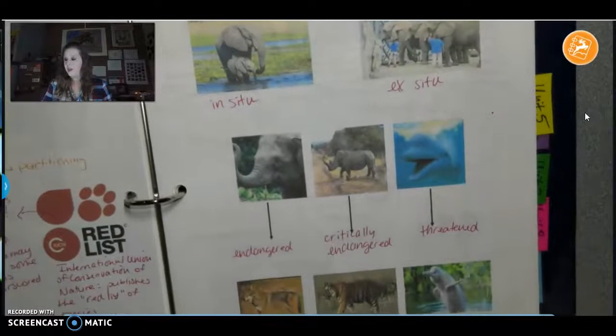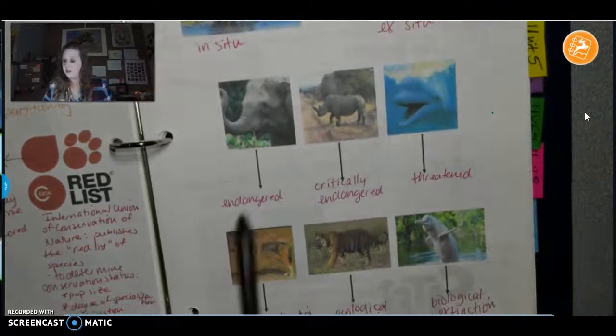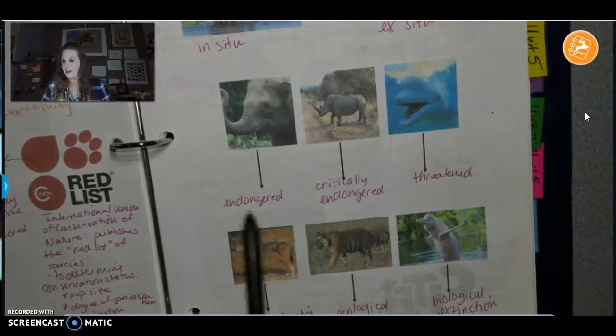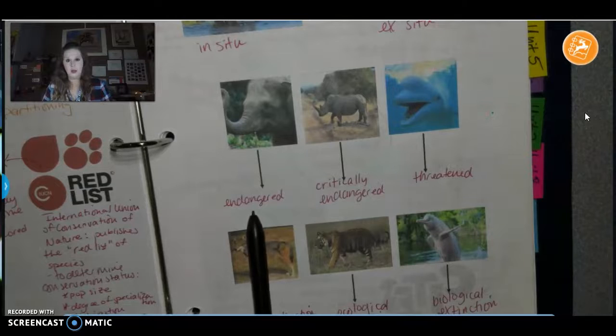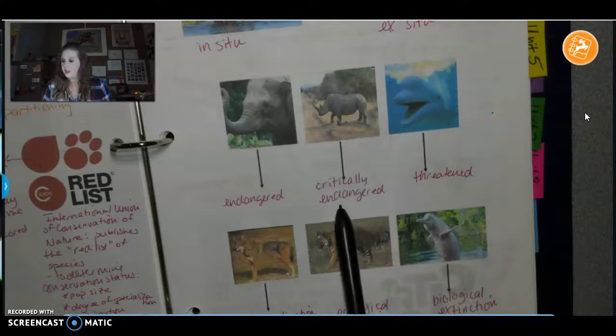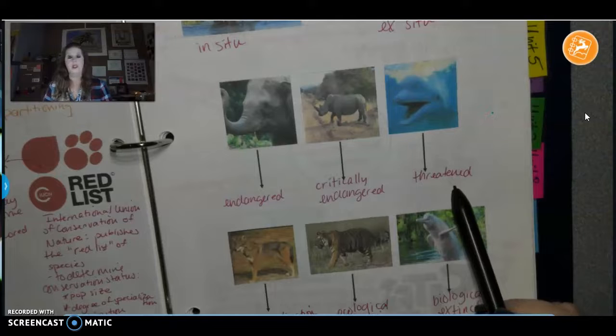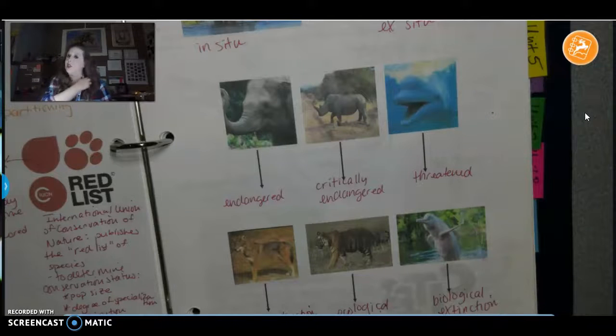All right. So when we look at the different classifications, we have endangered, which we know that it is close to becoming extinct. So make sure you write that down. Critically endangered, it's almost extinct. Threatened means that it is dwindling in numbers, so it is close to becoming endangered.